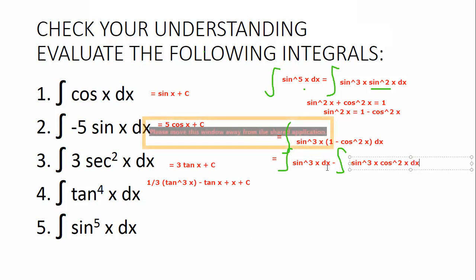In this case, you cannot integrate sine cube x directly, but we can expand this to simplify the equation.